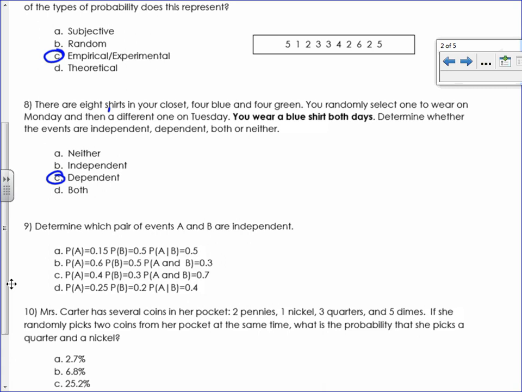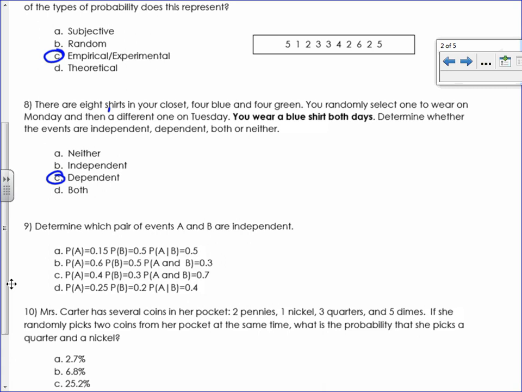They have nothing to do with each other, okay? Just like rolling a die, or say pulling a black card and then drawing a red card. Those events are independent of each other. But if I say you draw a red card and then I say a red heart next, the red heart is going to be affected because you already pulled a red card.